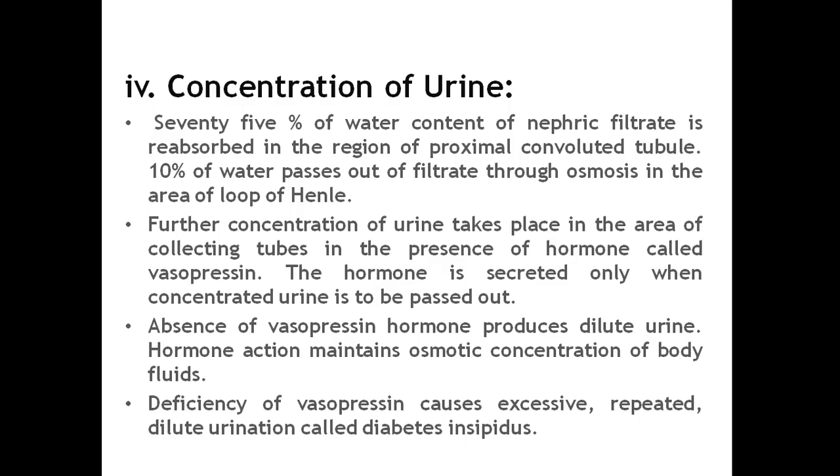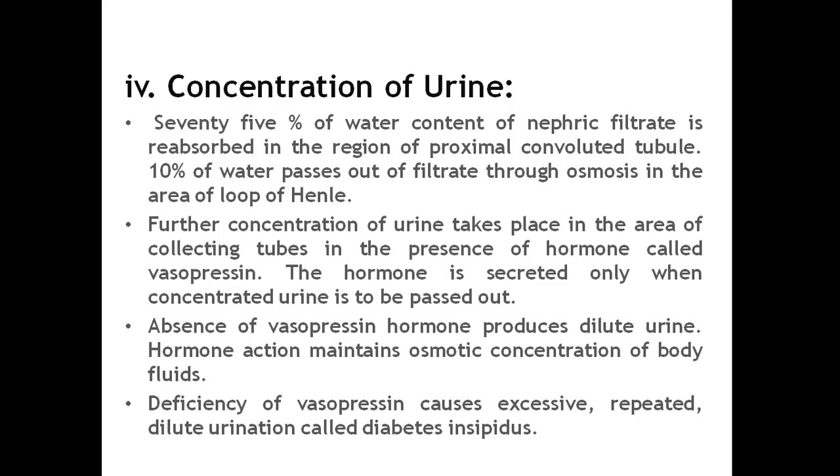We consume a lot of water in summer, but still we urinate fewer times in summer when compared to winter. Why? This is because we lose a lot of water from our body through sweating in summer.